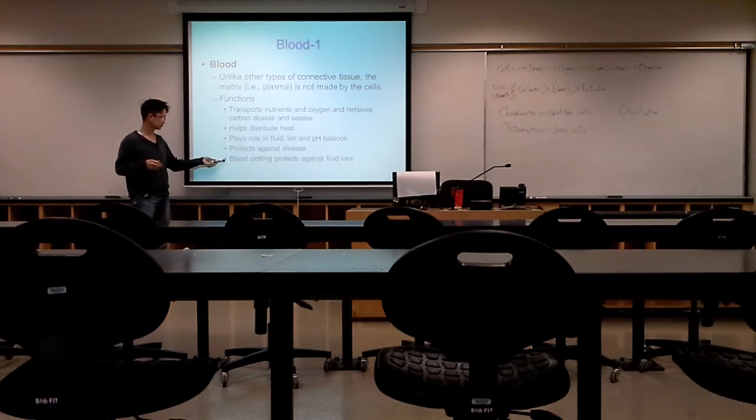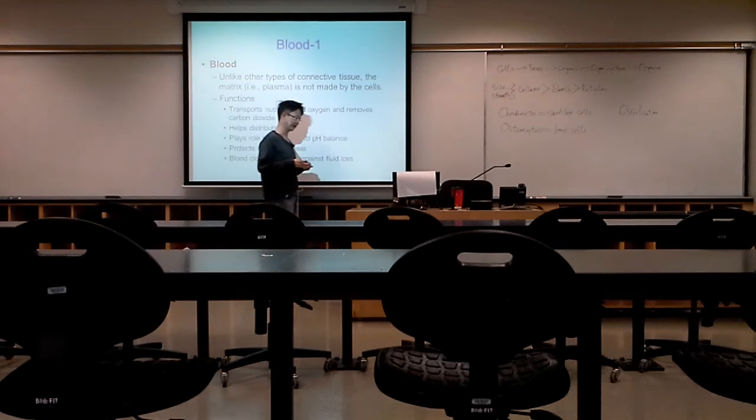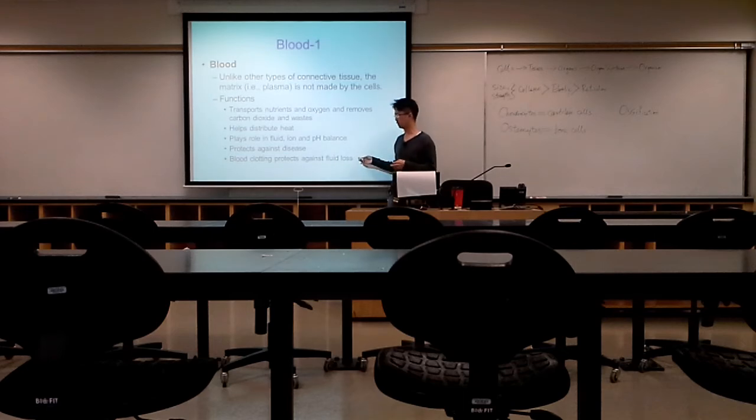We also have blood clotting factors like the platelet cells in the blood. You're protected against fluid loss, meaning that when you have an open wound, you lose both plasma and blood cells. So you need platelet cells to stop the wound from bleeding, so that you will stop the fluid loss.